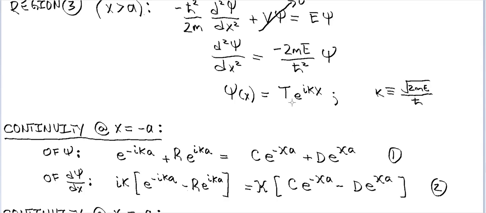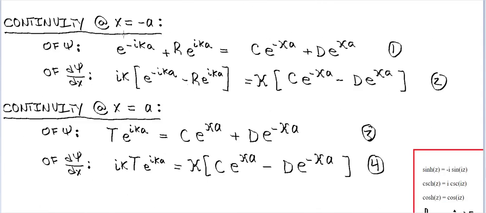Okay, so much as before, we're going to impose continuity of psi, and of the first derivative of psi with respect to x, at x equals minus a, and we get equations 1 and 2.